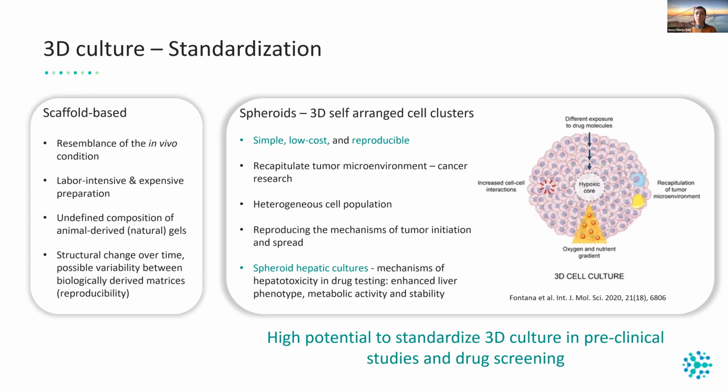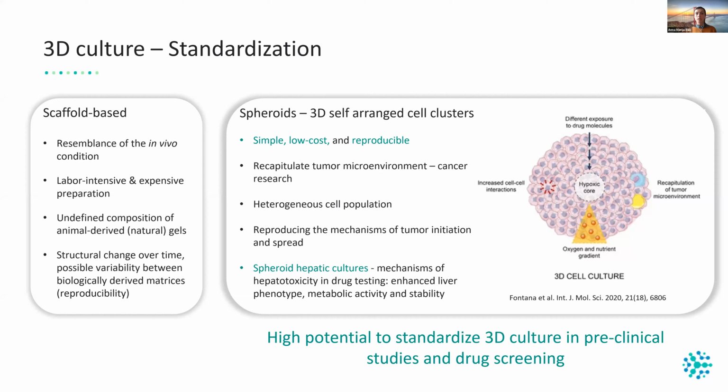Some of these models have undefined compositions like animal-derived proteins, and this has an impact on the predictability of your model. But also, the scaffold can undergo structural changes over time, and this impacts the reproducibility of your results.